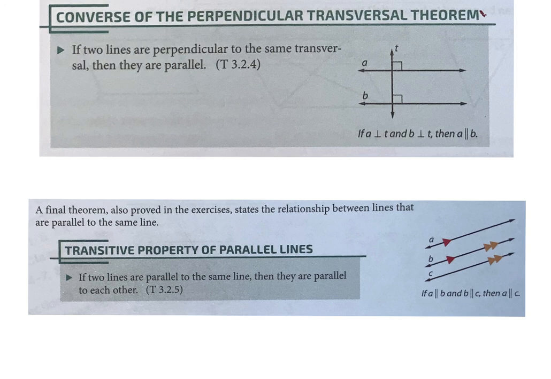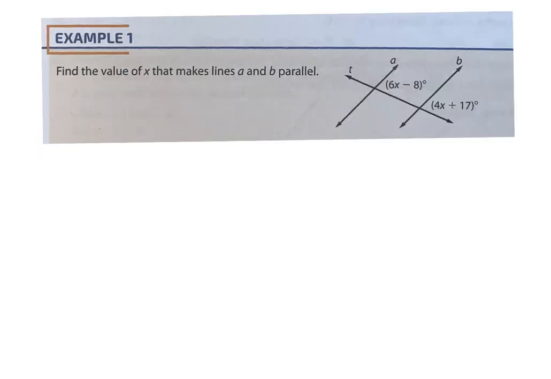All right? So let's look at this example. Find the value of X that makes these lines parallel. The value that makes them parallel. All right? So the first thing you want to determine is what type of angles do I have here? If these are two lines and this is a transversal, no matter what, the relationship exists. So what is the relationship between these two?